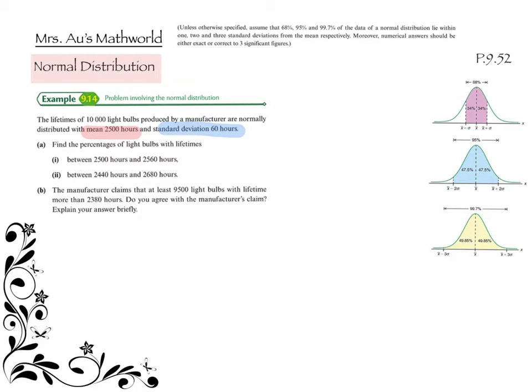How do we make sure that we know these values? Usually we will match the data first. Because for this question we will only have the mean plus 1 SD, mean plus 2 SD, mean plus 3 SD.